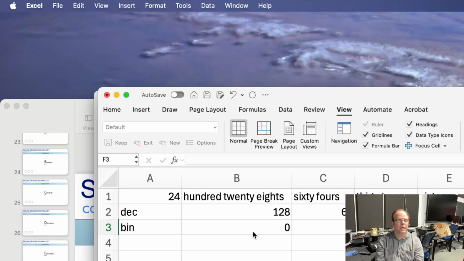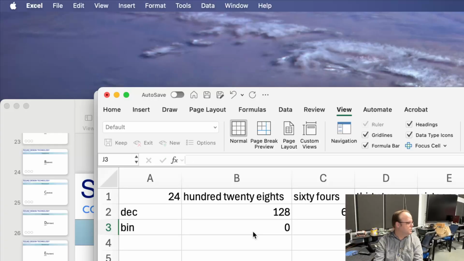So we've accounted for 16 of our 24. How much is left now? 8. There's 8 left. So I got one set of 8s, and I already know I got no 4s, no 2s, no 1s.